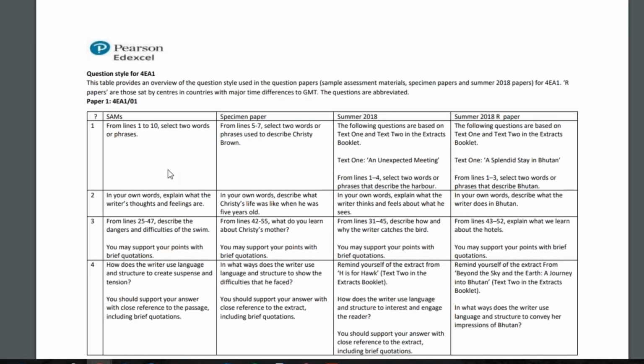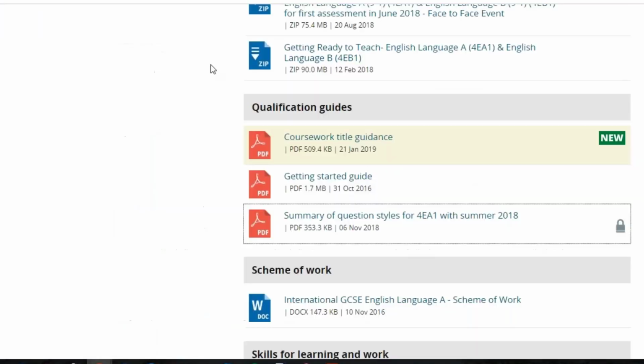So these are the 4 papers. I've just summarized how the questions have been set, and I'll be adding the January ones. They're in different pages, so that's why it's not always immediately easy to find them.